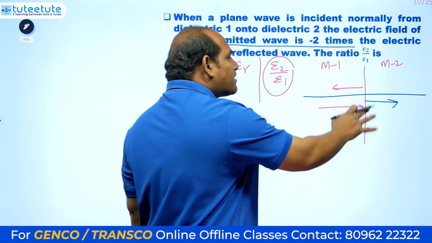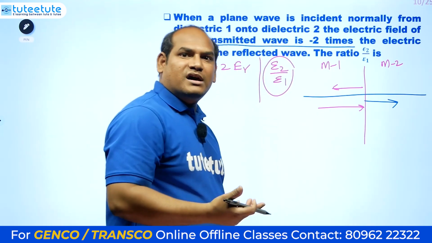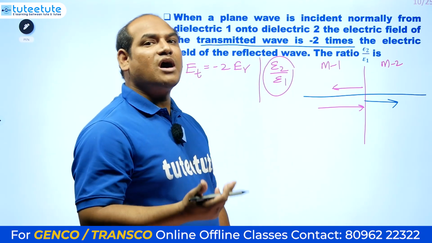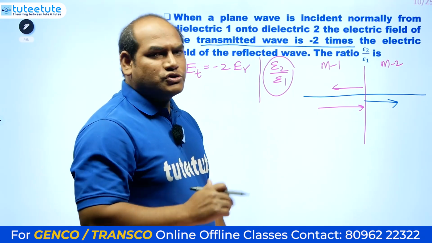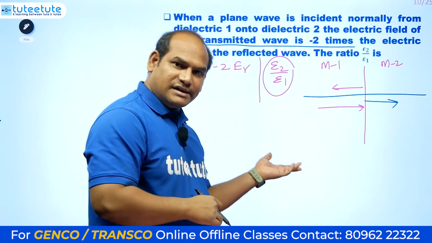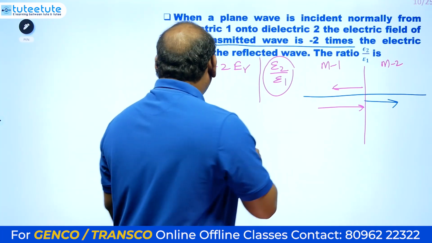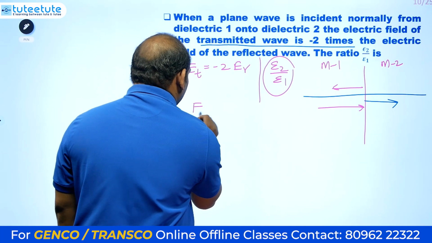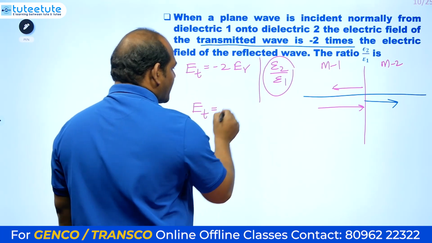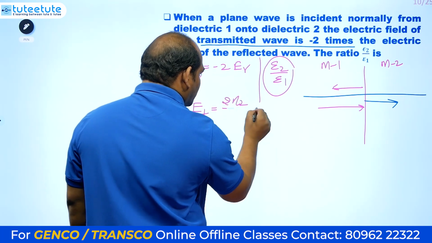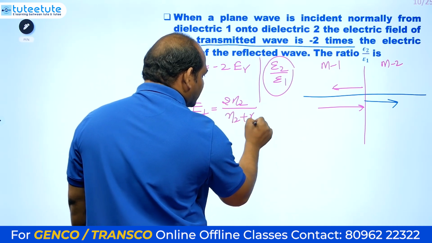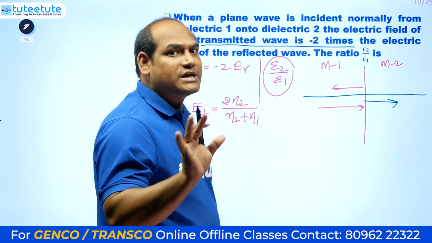So when we use normal incidence, we have the formula for the reflection coefficient and the formula for the transmission coefficient. Using those formulas, we can calculate here. The formula for the transmission coefficient is 2 times eta 2 by eta 2 plus eta 1. Here eta 1, eta 2 are impedances.